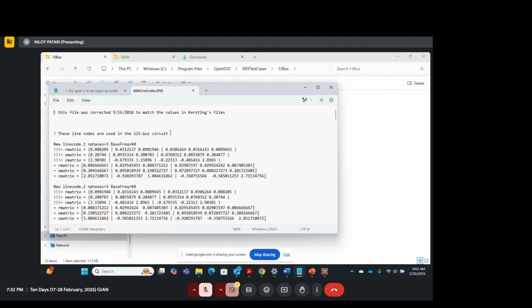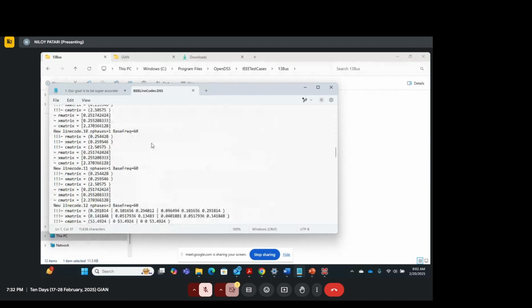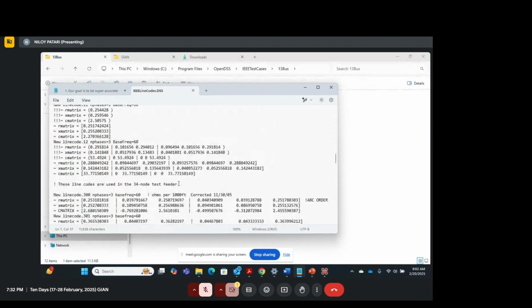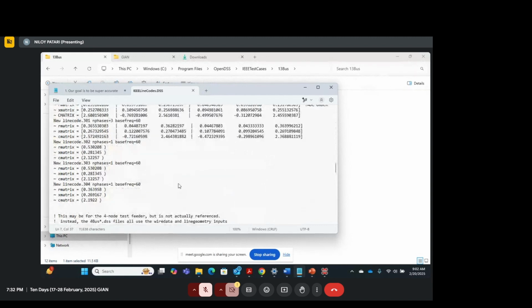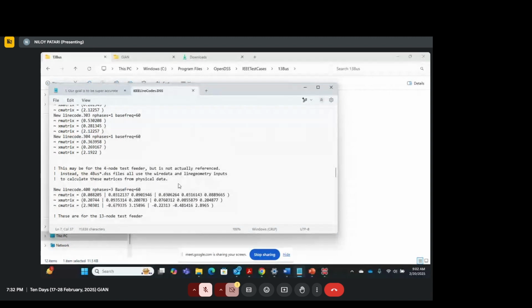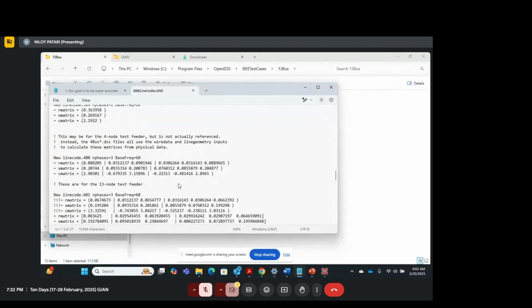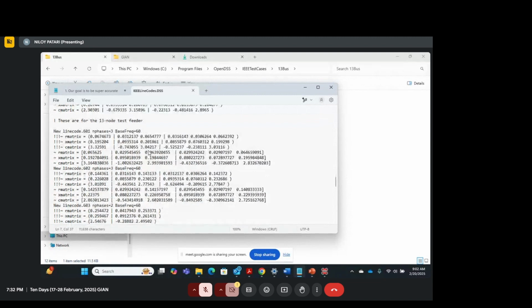The line codes defined here are for 123. There is also a 13 bus system. This is for the 34 node feeder. This file contains line R and X values, like line configurations, for all kinds of IEEE test cases. This is another for the 4 node system, this is for 13 node.